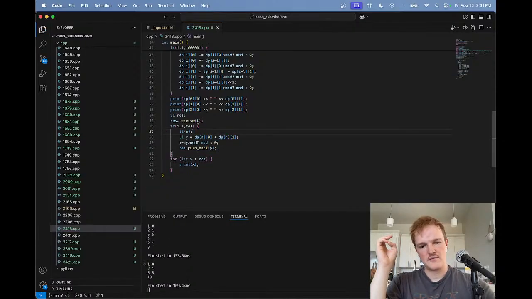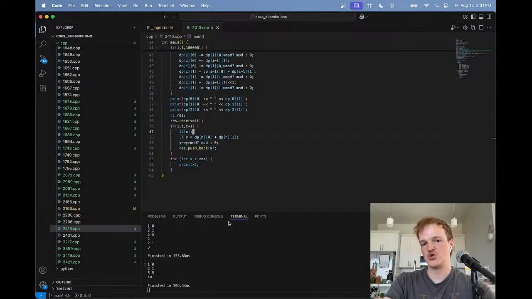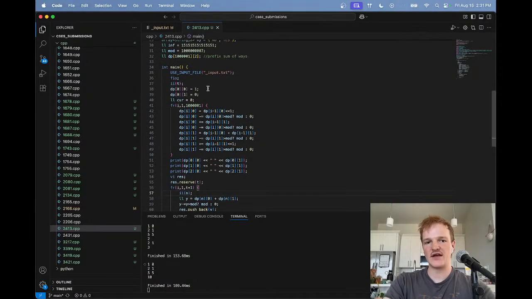Duh. Okay, but I did uncover something useful, which is exactly DP at I at 1 at 0 should be 1 and not 2. And that's because there's nothing prior. So I'm just going to say at 1 at 0, at 1 at 1, and then this starts at 2.